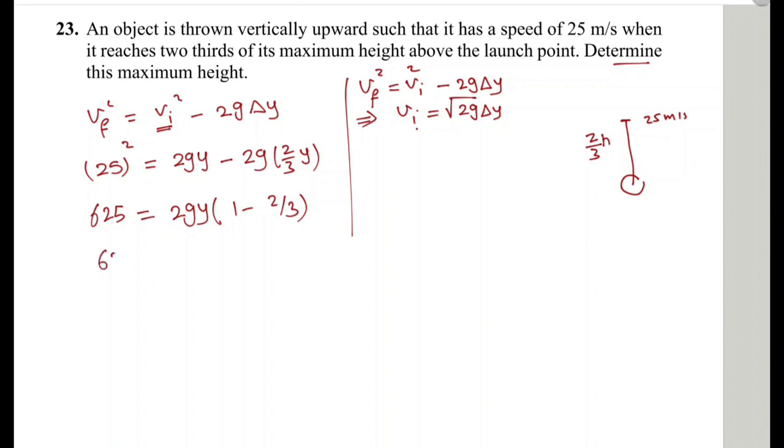In other words, 625 equals 20 y times 1/3, or y in this case equals 94 meters.